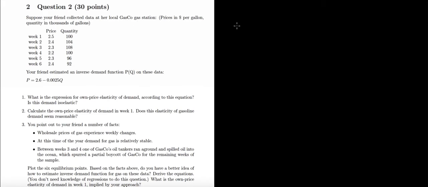So the definition of elasticity is the percent increase in demand divided by a percentage increase in price. So what does this mean?